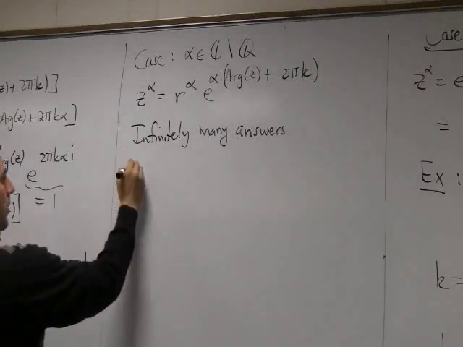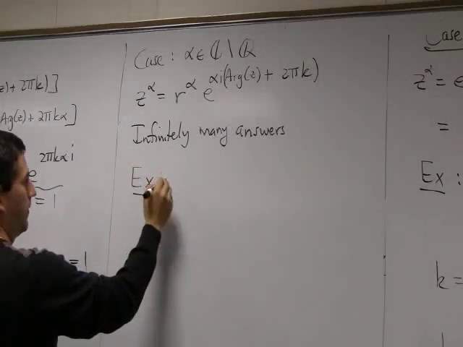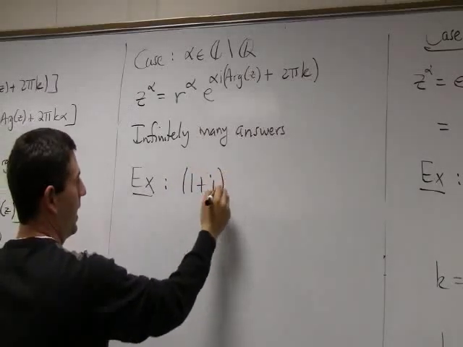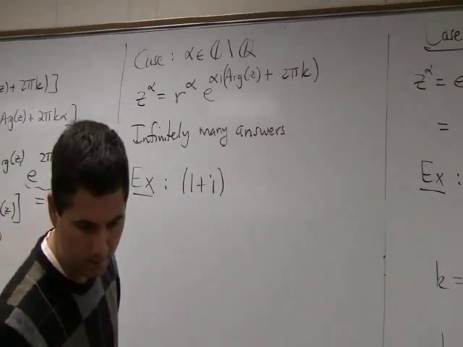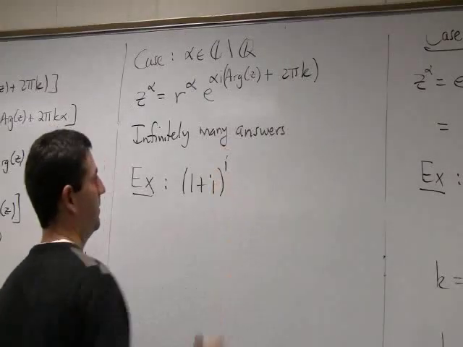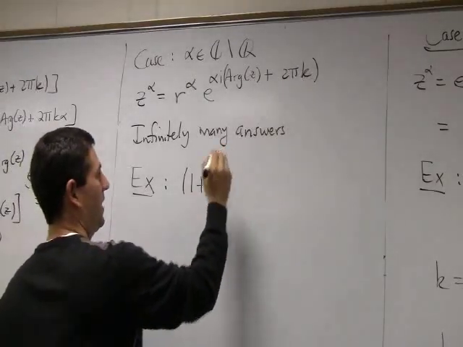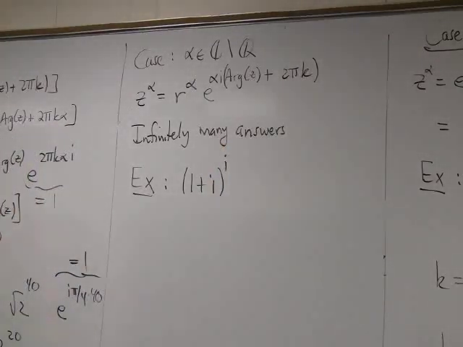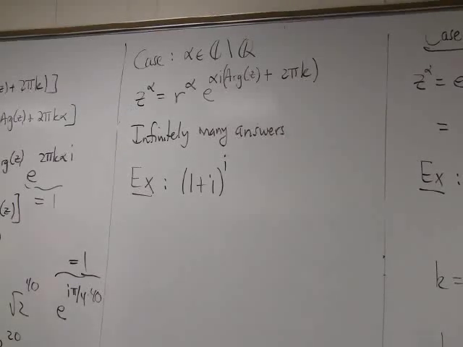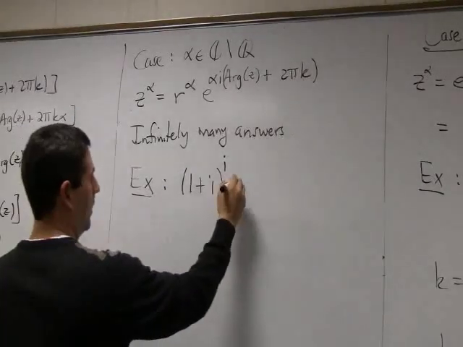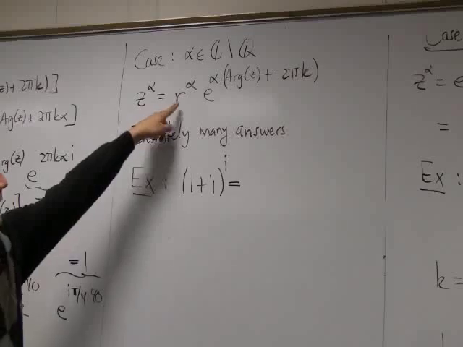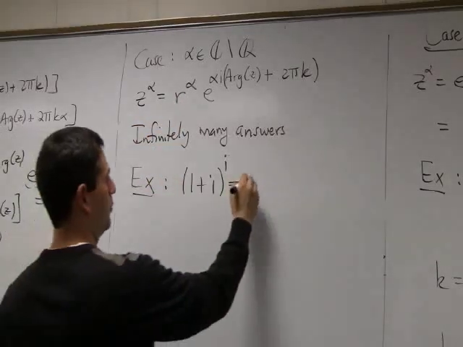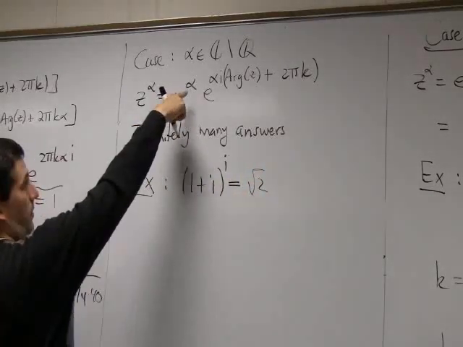So let's do a couple examples. How about 1 plus i to the, I think I want to use 1 plus i. No, just to the i. Okay, faster. So 1 plus i to the ith power. Okay, so let's see. We need r, which is, again, root 2, raised to the alpha.